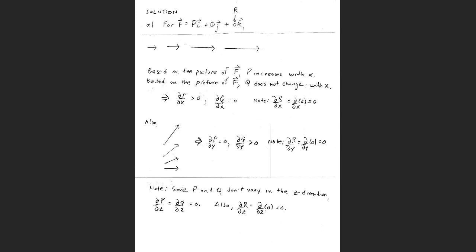So we can say that based on the picture of the vector field, p increases with x, but q does not change with x. And so the partial derivative of p with respect to x is greater than 0, but the partial derivative of q with respect to x equals 0.